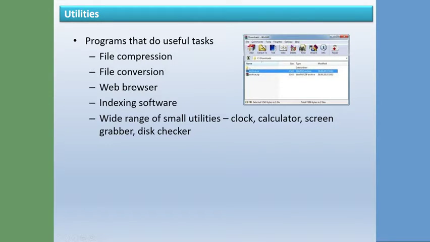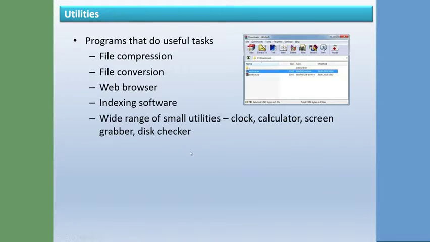Our web browsers, things like Firefox, Chrome, Internet Explorer, that enable us to browse to websites. Indexing software, which is where it searches your system and brings back data relating to your files, etc. So it speeds up access to those files. And there's many, many more. There's lots of little small utilities that come as part of Windows, things like the clock, the calculator, screen grabber, so things like the snipping tool, disk checkers, disk defrag tools.